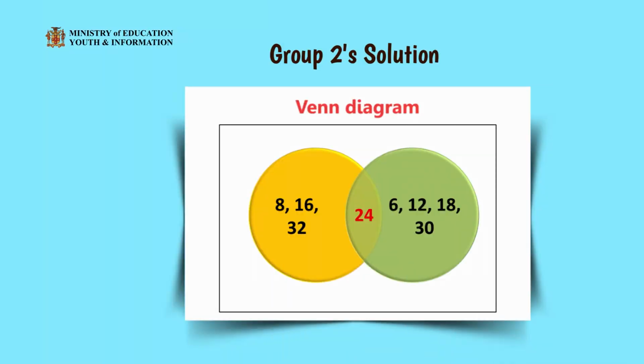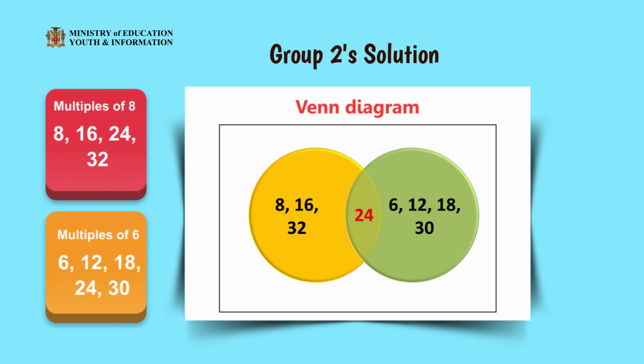Now, here is the approach of group 2. They decided to use a Venn diagram to illustrate the multiples and common multiples of 8 and 6. Can you explain what they did? Great job! They listed the multiples of 8 and 6, which are as follows.